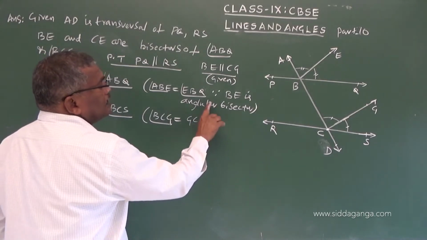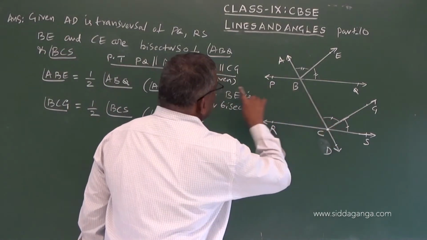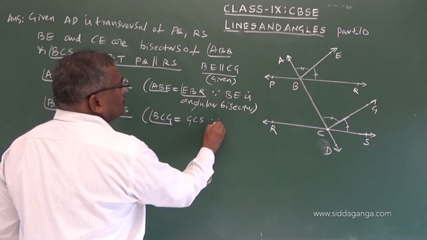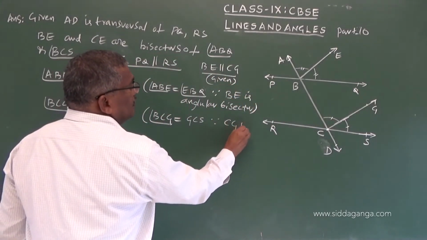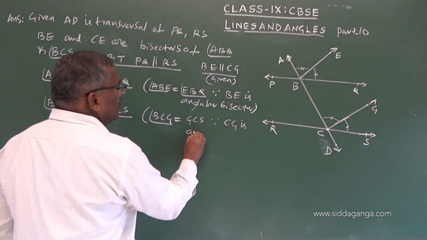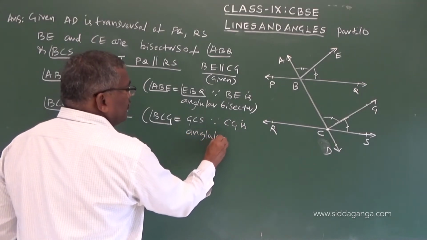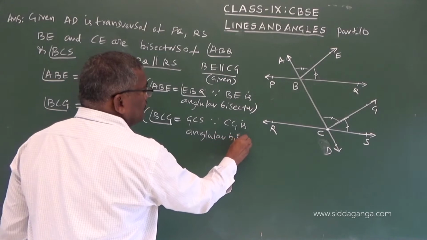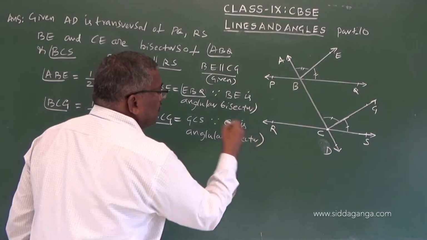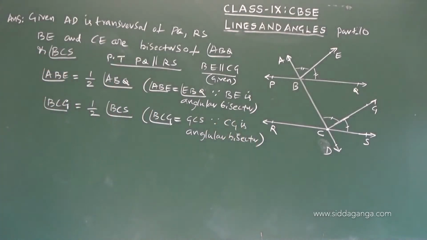Of course, these two are equal for the same reason, because CG is the angular bisector. Note down this.